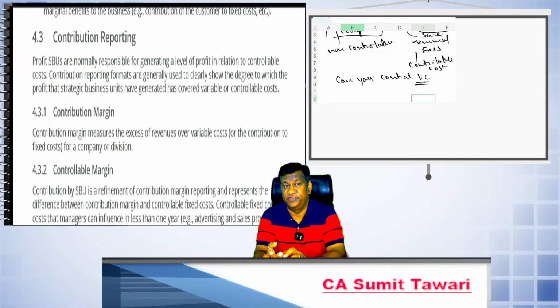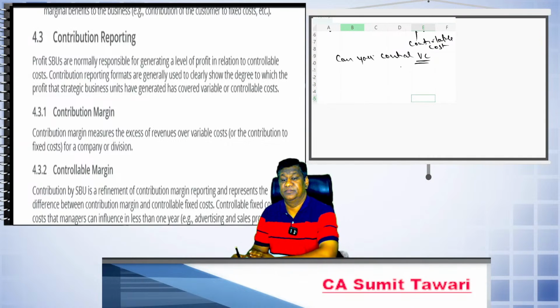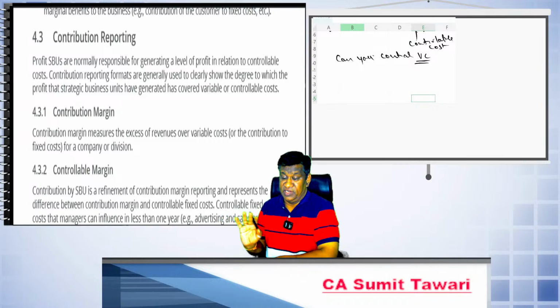Because of that, your contribution margin increases. But sir, will the controllable fixed cost be affecting the contribution margin as well, or will that be separate? No, I'm coming to it.